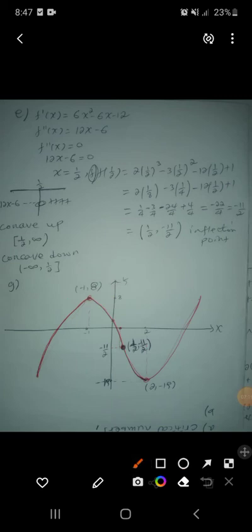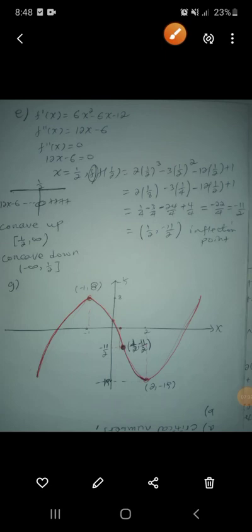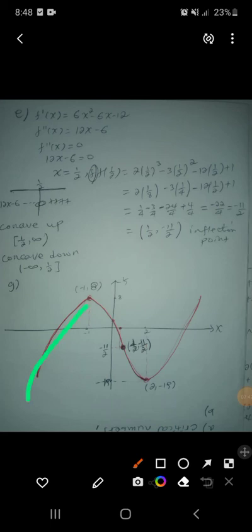Then the graph is concave downward from negative infinity up to the inflection point, and from the inflection point it changes into concave upward. And remember that the graph is strictly increasing from negative infinity up to -1, and from 2 up to infinity.